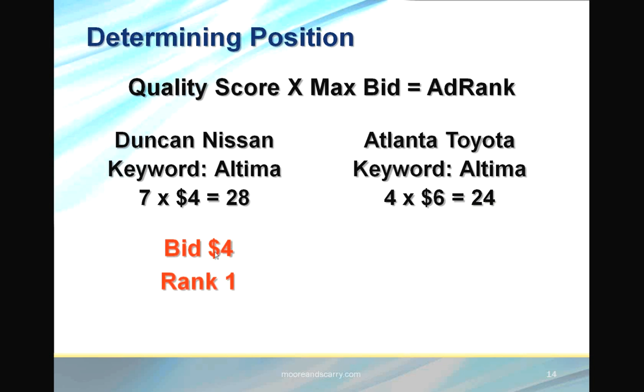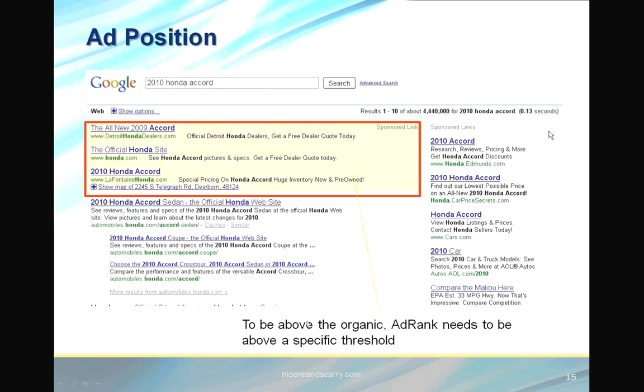When you look at this, my $4 bid puts me in rank number 1, and their $6 bid puts them in rank number 2. The quality score modifies the bid to give you an ad rank. So Duncan Nissan's ad rank of 28 is higher than Atlanta Toyota's ad rank of 24. So despite spending more, Atlanta Toyota still ranks lower. Duncan Nissan still ranks higher. And that's why quality scores are so important to the process.